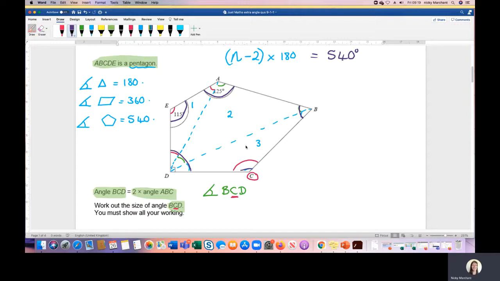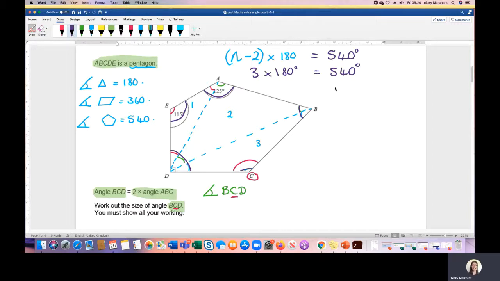How many triangles? That number of triangles. So 3 times 180 gets you the sum of the angles inside. So don't forget it's the sum of the angles. If you then needed to find one angle in a regular shape, you'd have to divide by the 5 angles that are in there. But this is not a regular shape, it's irregular. You can see that because the sides are different, the angles are different.